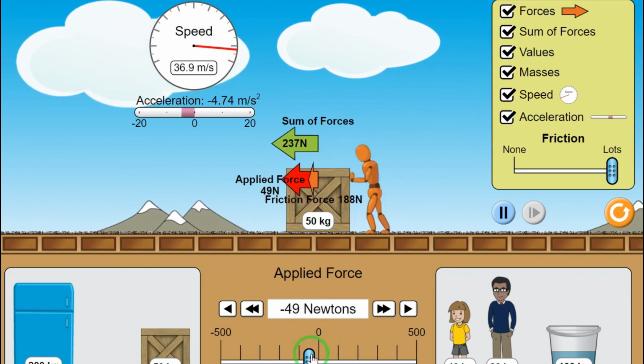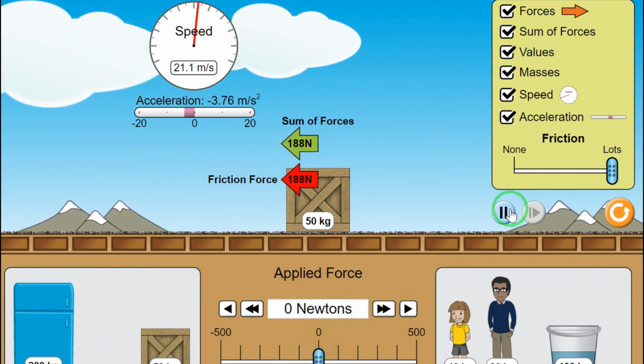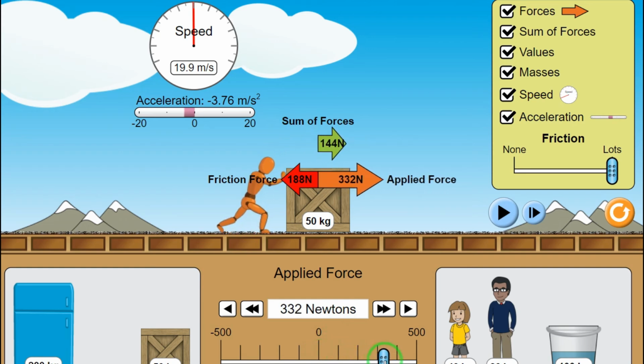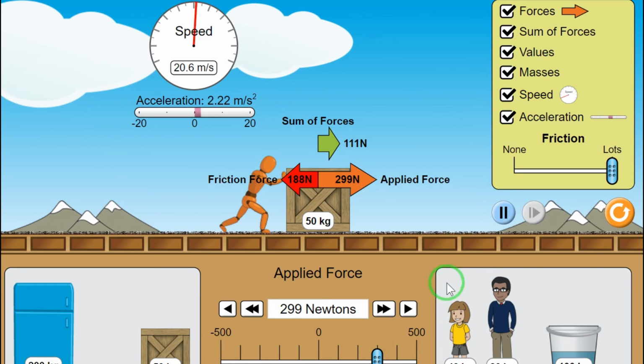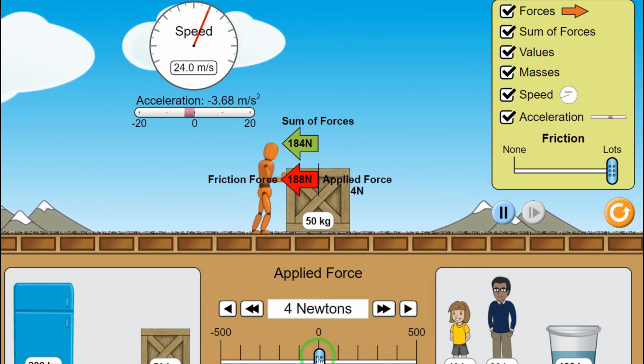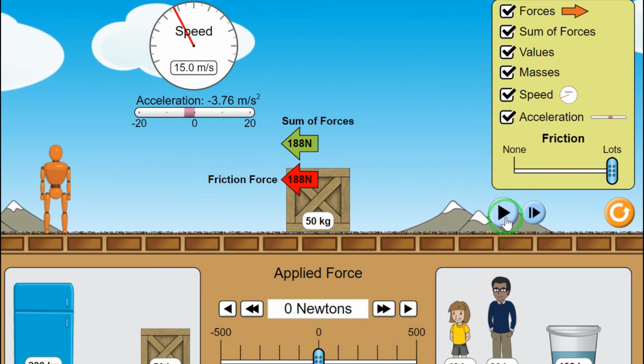So what is to be understood is a body which is at rest continues to be at rest unless a force is applied on that object, right? And then only it will move. Otherwise, with no force or a balanced force, it will be at rest only.